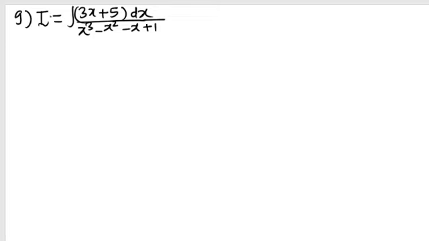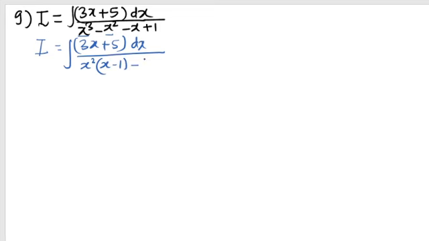So we can rewrite this integration. I is equal to integration of 3x plus 5 as it is into dx. But in this denominator, can you see this x square is common from the first two terms? Here x cube and here x square. So can we take x square common? So it will be x, and here remaining is x minus 1.